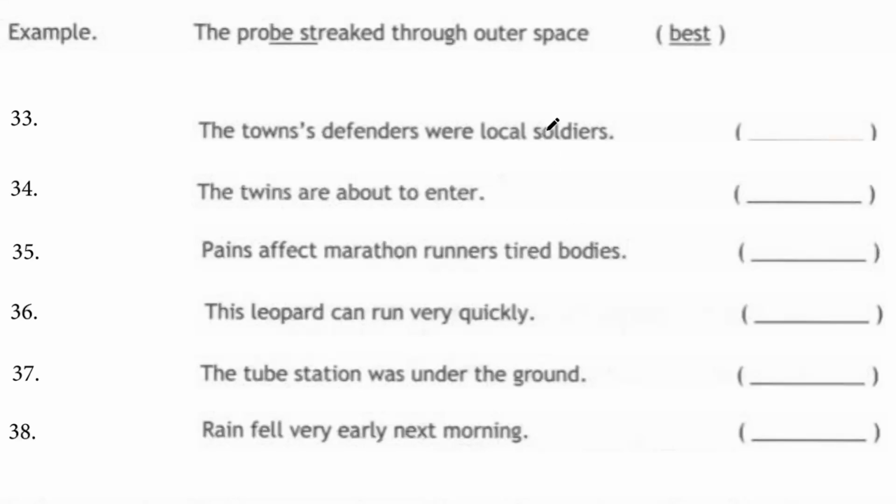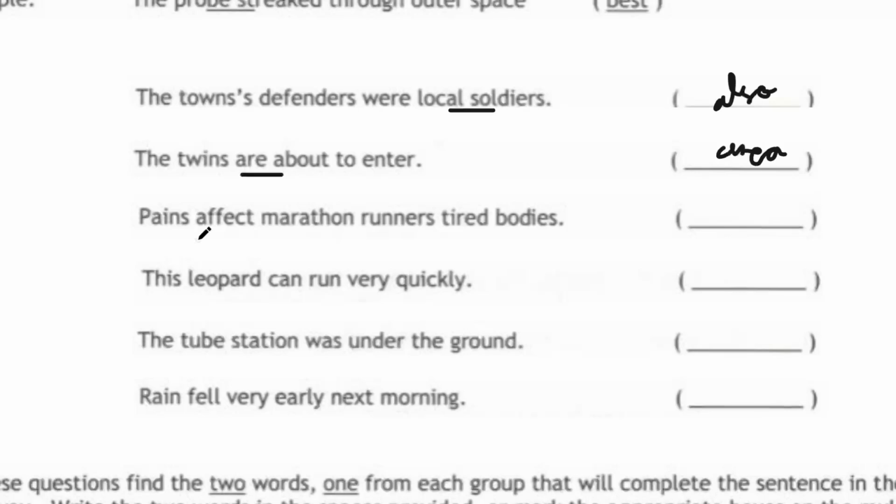Here we have to find the 4-letter words. We have also, we have area, then we also have stir over here. For question 36, isle.